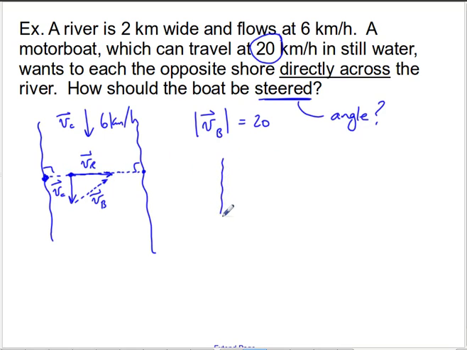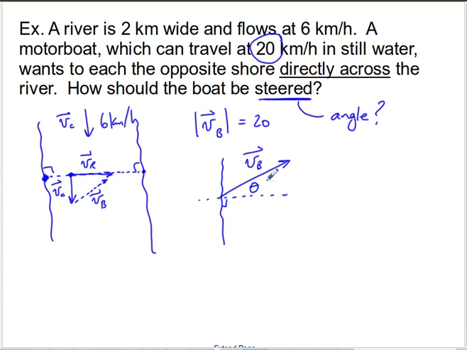So if this is the bank of the river, and I put in a right-angled perpendicular, when we talk about steering the boat, we're interested in this angle. So that's what we're interested in finding in this question, the angle with respect to, as I've drawn it here, the horizontal.